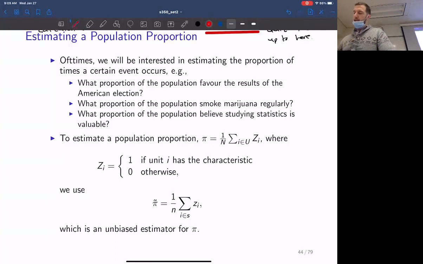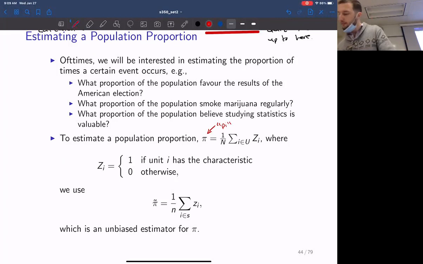So the estimate of the population proportion, which we designate as pi. Pi here represents the true proportion of whatever feature you're interested in in the actual population. The estimator of pi is simply the sum of all of the 1s attached to the variable, so the sum of the zi divided by little n.